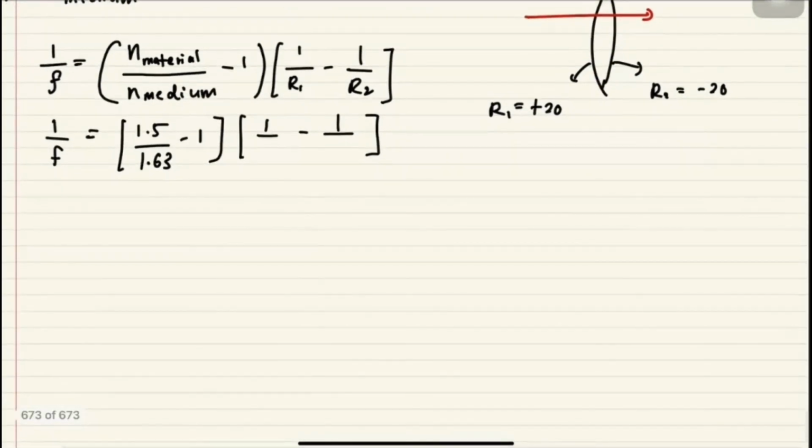So now you have positive 20 minus 20. This time to calculator ni. 1 over 20. So itu jadi 2 over 20 kan. So my F now becomes negative 125.